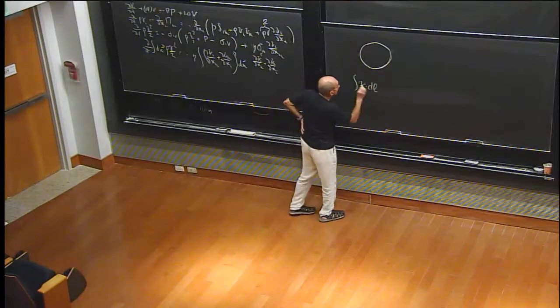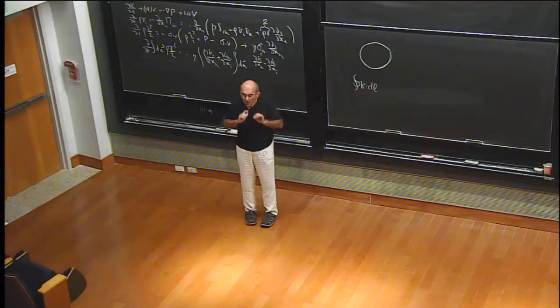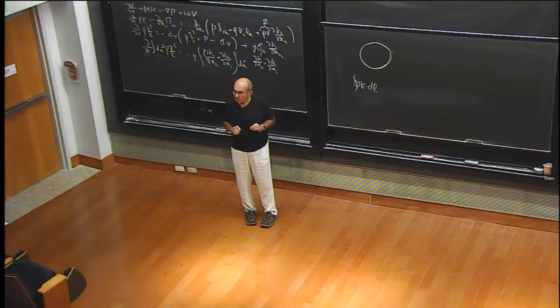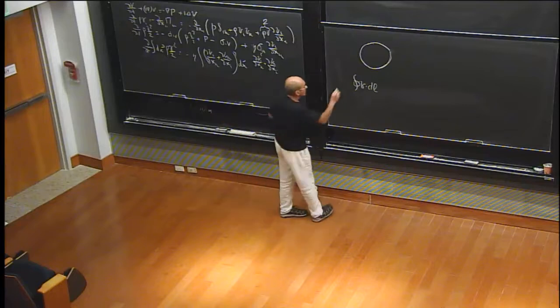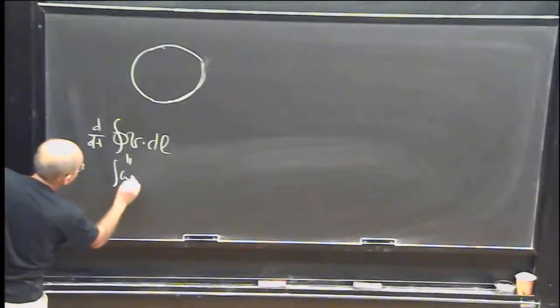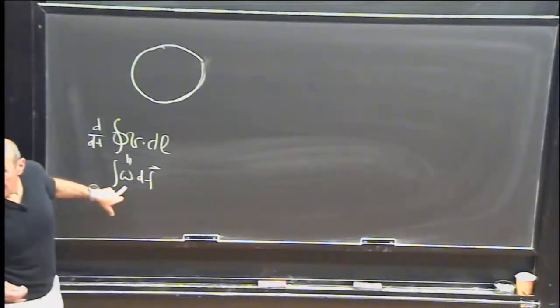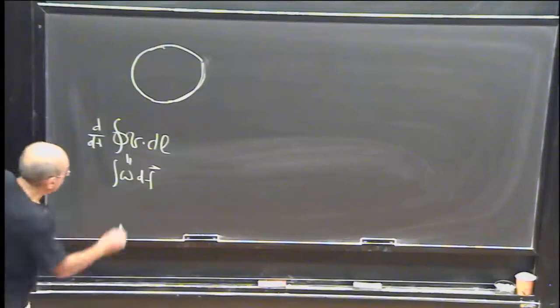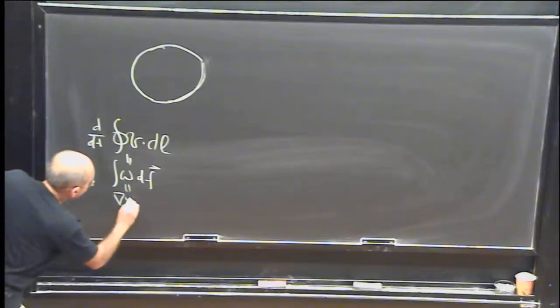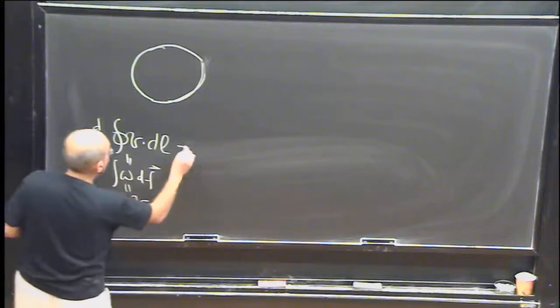So if you take the circulation of velocity along any closed contour, and do d/dt of it, which is incidentally a flux by Stokes theorem, it's a flux of vorticity. You remember omega is the curl of V. So if I take V dL, of course there are two terms.